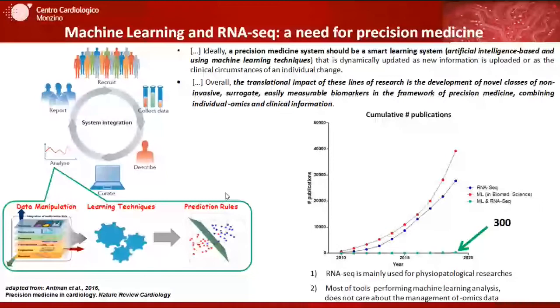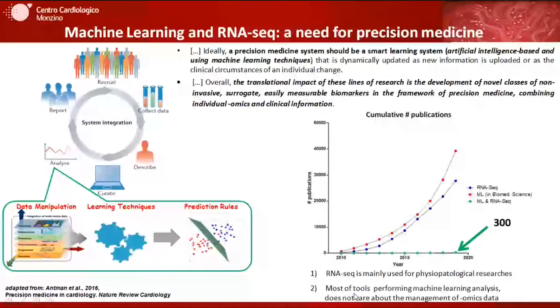The first one is that today RNA-seq is mainly used for physiopathological research, meaning that differential statistical analysis is enough to get good results. On the other hand, most of the tools performing machine learning do not care about the management of omics data. So all these needs got us to develop, 2 years ago, the DaMiRseq package.